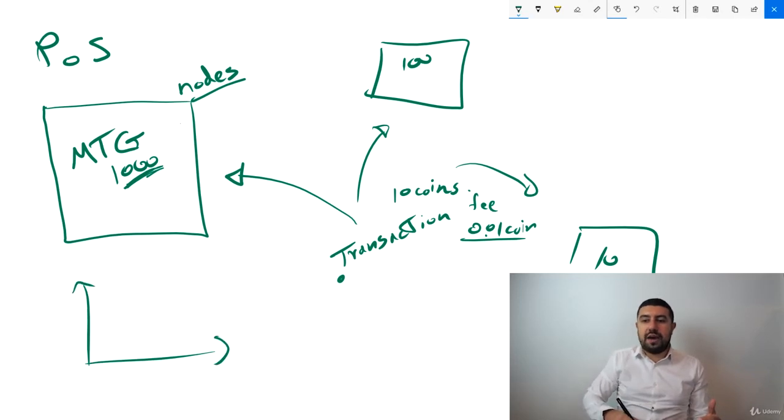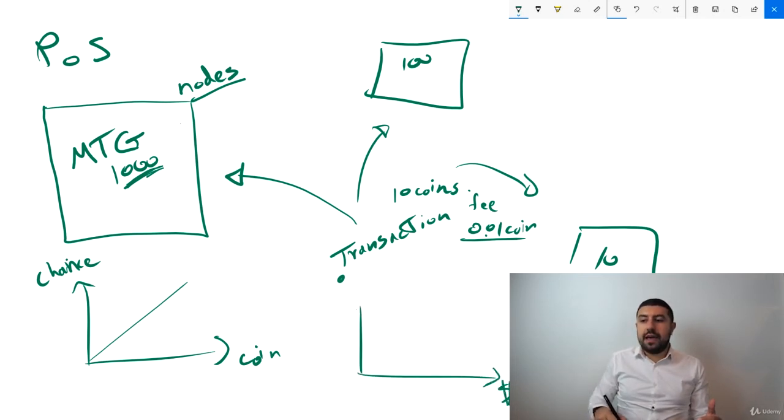The more coins you have, the more chance you're going to get of confirming a transaction, right? But when you're doing proof of work and you're mining, the more money you have, you actually start making way more money. Okay, it's not linear. It looks more like this because of the economies of scale, right? So this is actually way better.